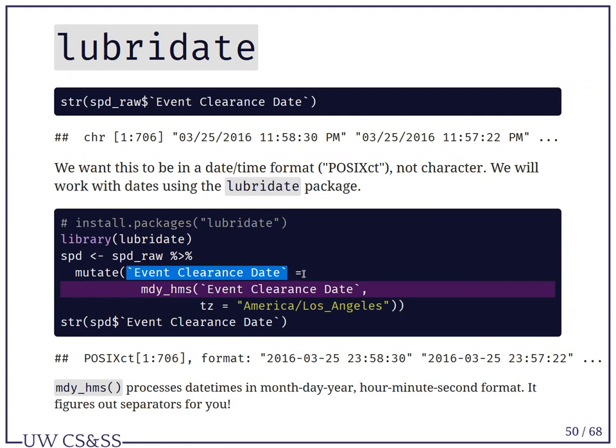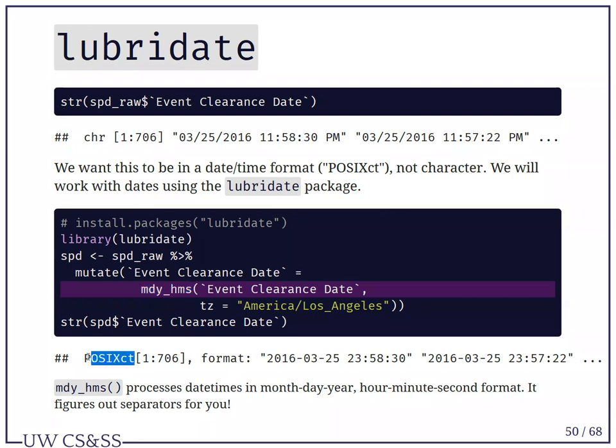We're overwriting our event clearance date with mdy_hms of our event clearance date, and our time zone is going to be the Los Angeles time zone in America. So month, day, year is this underscore is this space, and then hours, minutes, seconds is this information. And this function will convert this string into POSIX time.